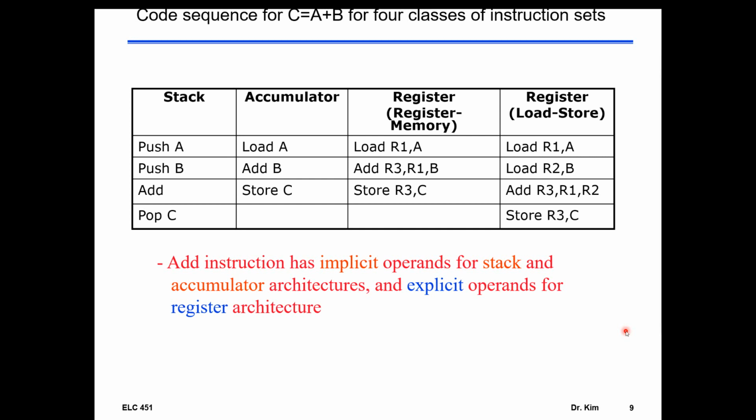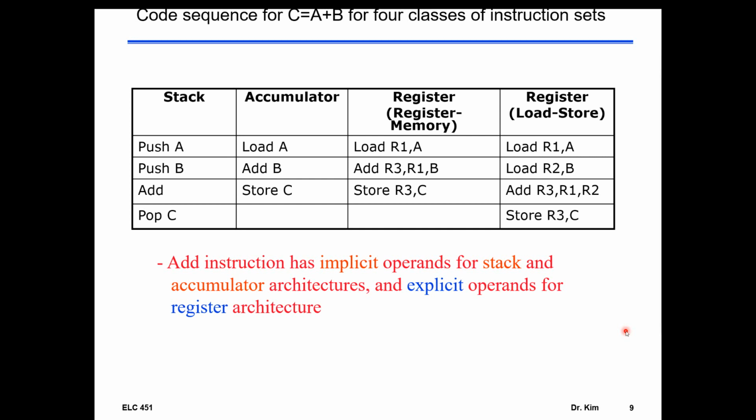For an accumulator-based approach, you would say load A, and that would move whatever is in address A to the accumulator. Then you would say add B, which adds the contents of the accumulator with whatever is in address B and puts the result in the accumulator.